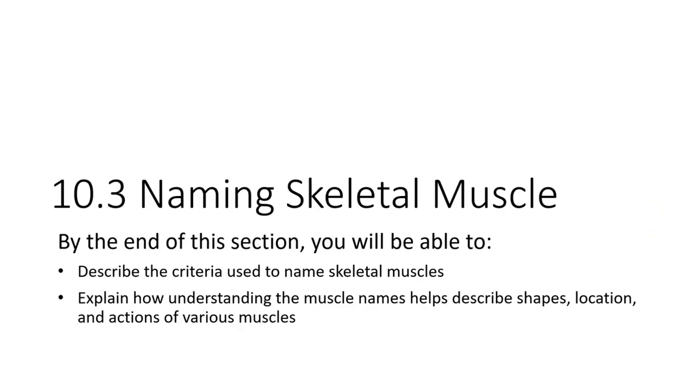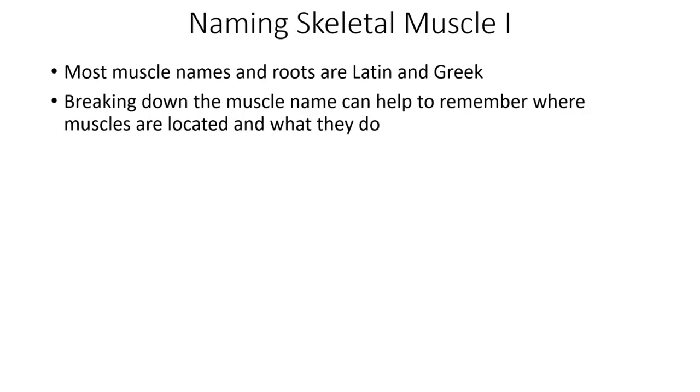Alright, we are wrapping up our lecture videos this week by talking about how skeletal muscles are named. Most of the muscle names and their roots are based in Latin and Greek because they were the first groups of people to do studies on the human body, at least in Western culture.